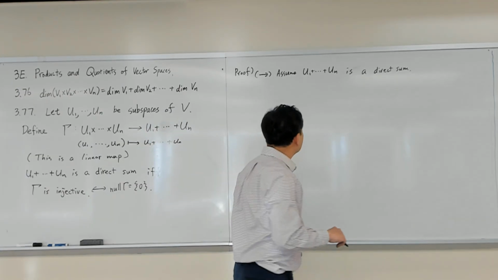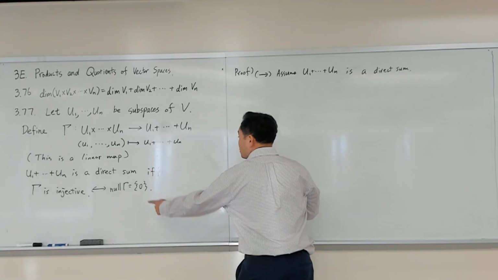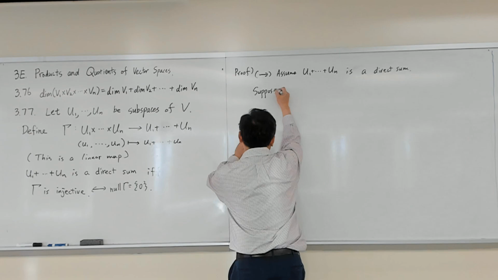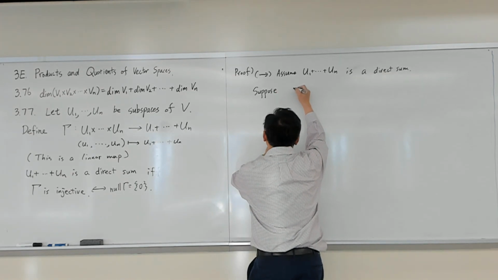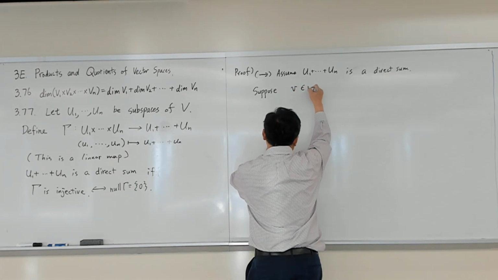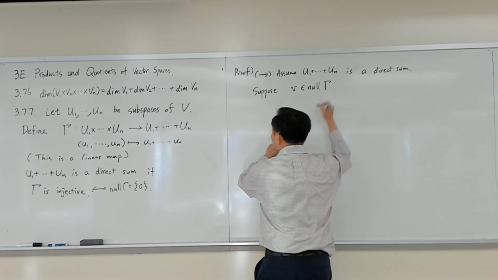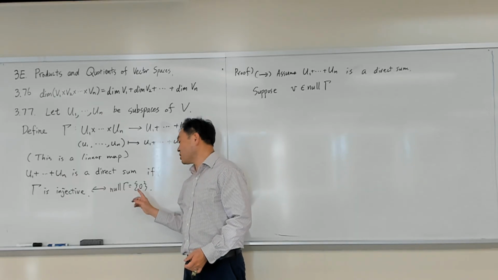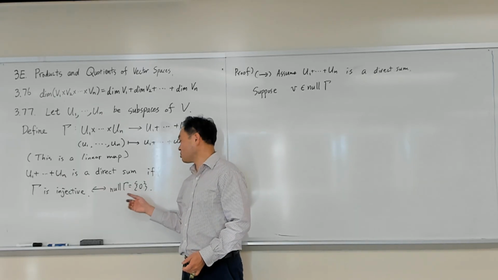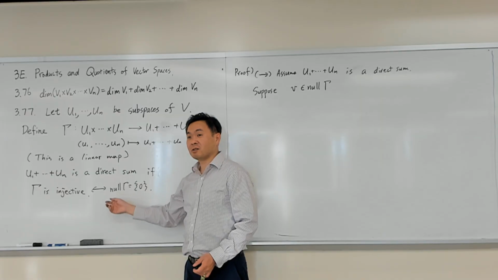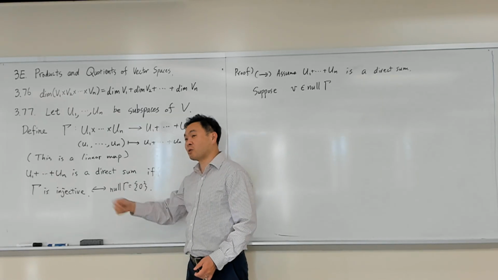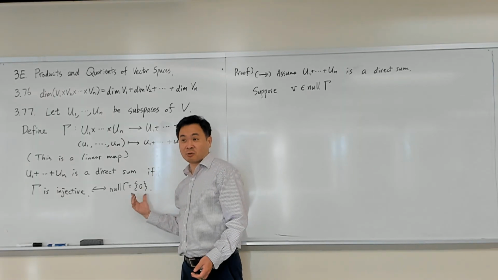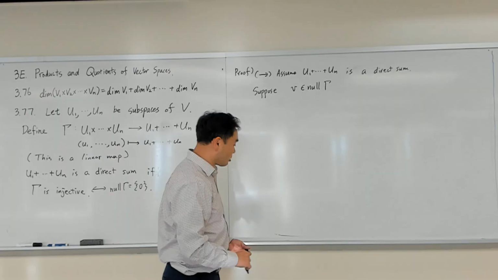So we want to show that. Suppose some v is in the null space of gamma, because how do you show that a given set only has one element? Well, you pick an arbitrary element and show that no matter what you try, it always turns out to be 0, then it has to be this one. That's the way we're going to do the argument.